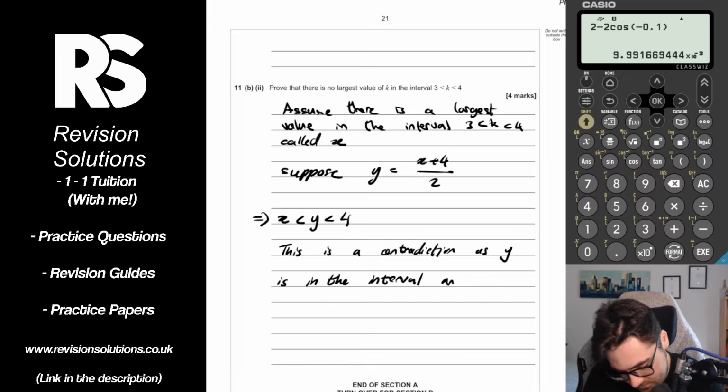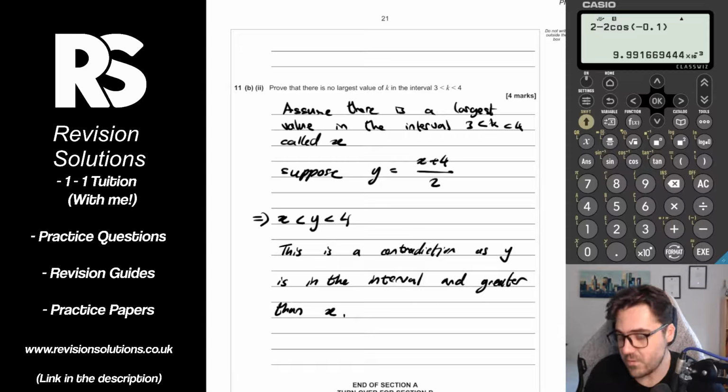So if we've got the contradiction, then we've completed our proof. So therefore, there is no greatest value in the interval.